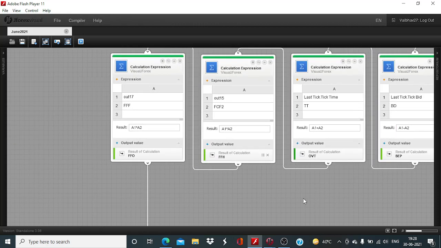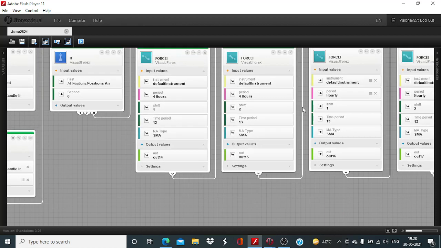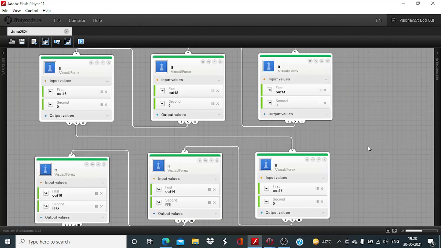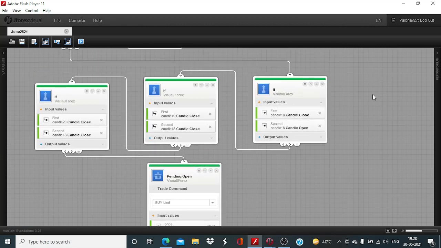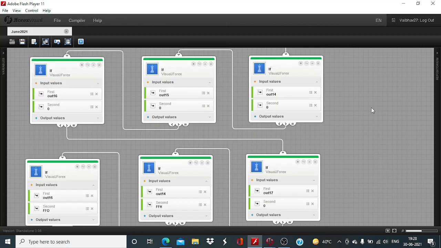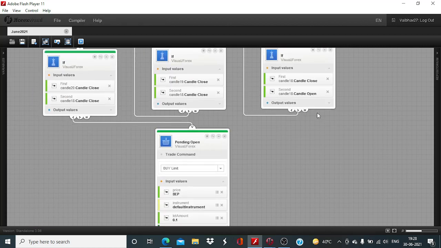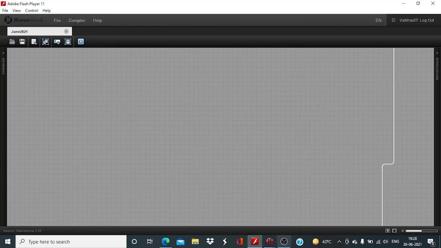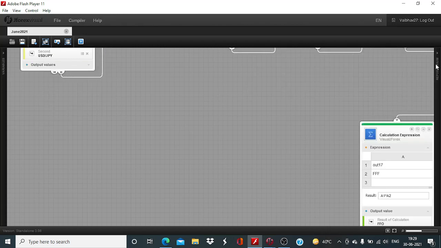Now we will start afresh. As I explained to you, the logic is fairly simple, and in this version, the sell side needs to be symmetric, so the number of blocks is going to be the same. Here in this buy side of the equation we had used 9 if blocks and 1 trade command block, so we are going to need same number of if blocks again, and then the trade command block of pending open.